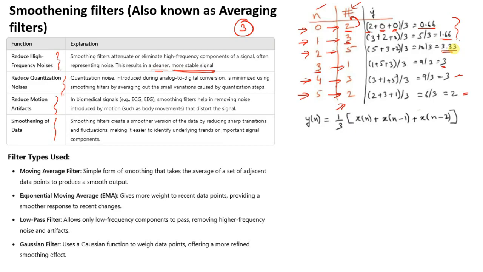Like any instrument, suppose you want to use a UV visible spectrophotometer or any other instrument, you need to give the instrument a time during which it gets stabilized, right? For filters also, depending upon the specification of the filter, we need to give it a stabilization time, and during that time we should not analyze the signal.